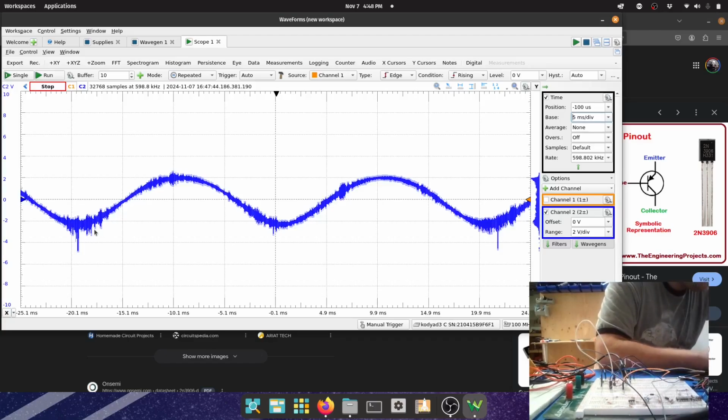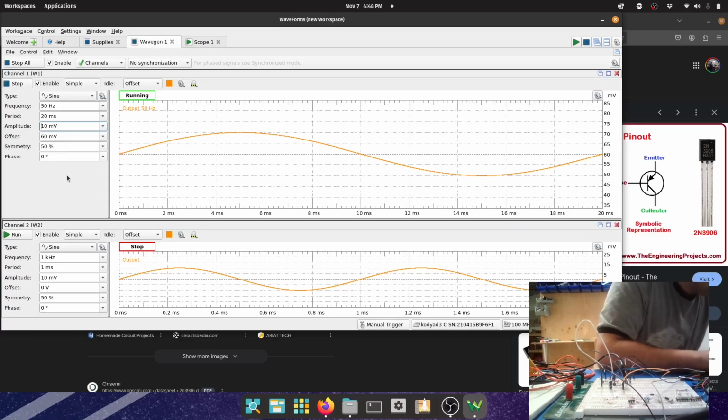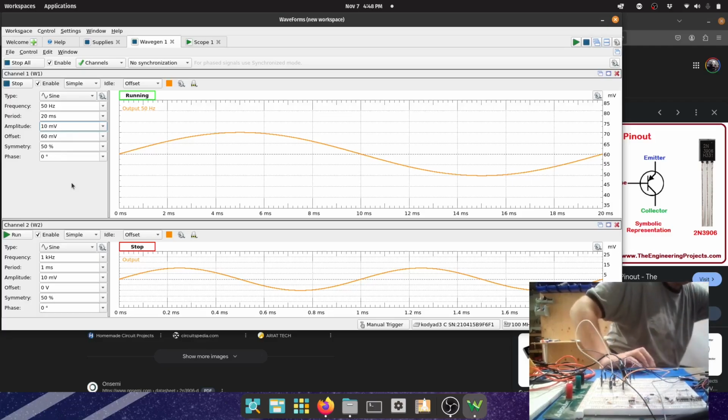So it appears to be going from 2 volts to minus 2 volts, and what we're driving it with is a 10 millivolt amplitude.